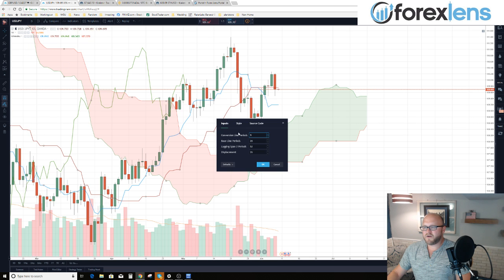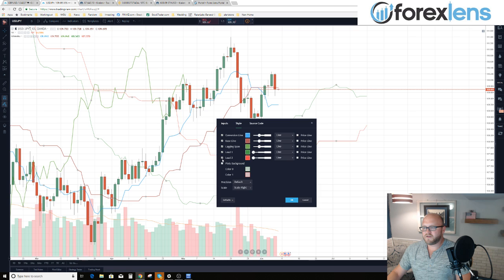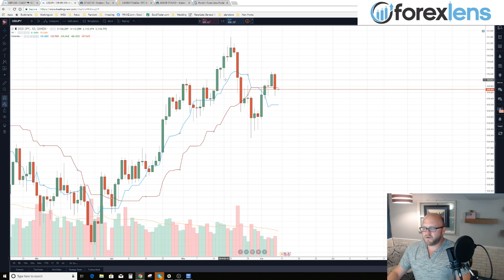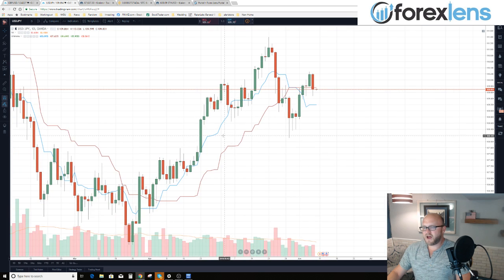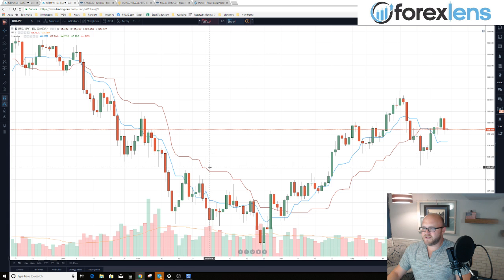If I get rid of the cloud and all these other lines so we can isolate these, we have the conversion line, or the Tenkan Sen, and the baseline, which is the Kijun Sen. These are not regular moving averages. These are averages of the average. So this line is not like a normal moving average. You can see that it flattens out sometimes because it's still an average over a period of time.